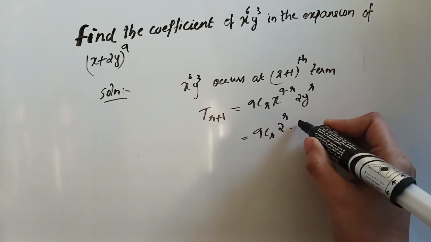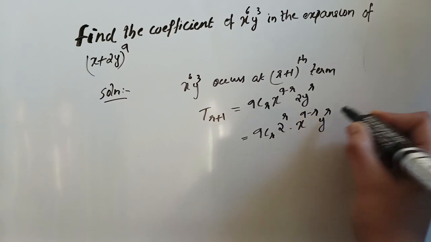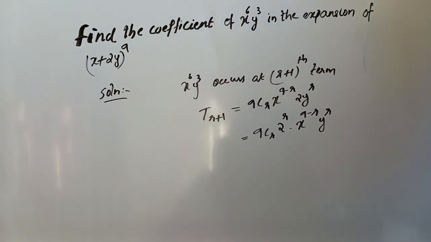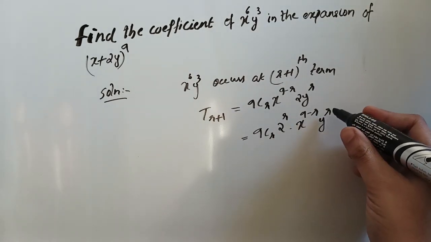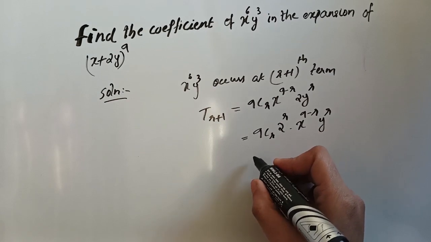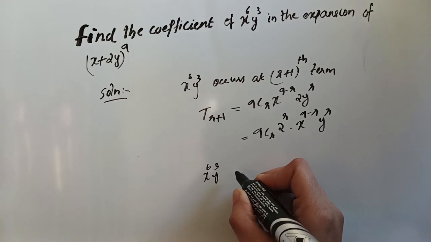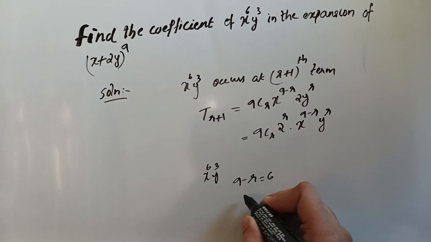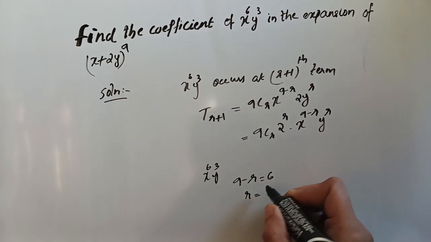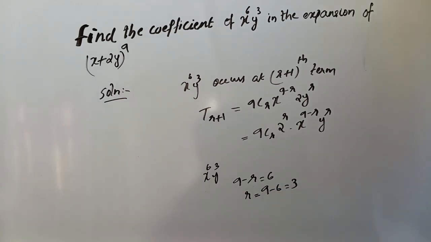This is the coefficient, then the remaining term is x raised to 9 minus r y raised to r. So if we compare the indices of x raised to 9 minus r y raised to r and the indices of the given term x raised to 6 y cube, we can write 9 minus r equal to 6, r equal to 9 minus 6, which is equal to 3.